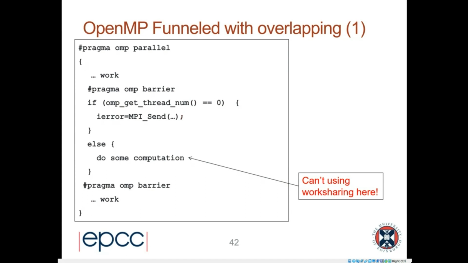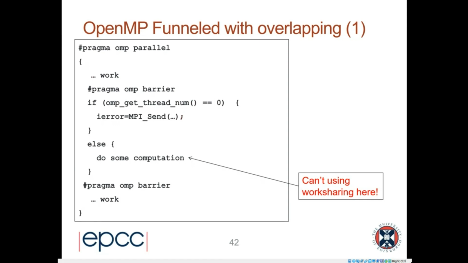It's not running concurrently with your application code. However, and I've tried this and had modest success with it, what you can do if you do hybrid MPI OpenMP is say, right, I've got 8 threads. I'm going to use 7 of them for computation, but 1 for communication. So actually, you can overlap communication and calculation because you've done it by hand.